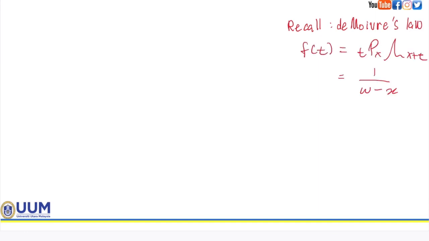So recall De Moivre's law. Ft, or the PDF, is 1 over omega minus x, and TQX is equal to T over omega minus x.